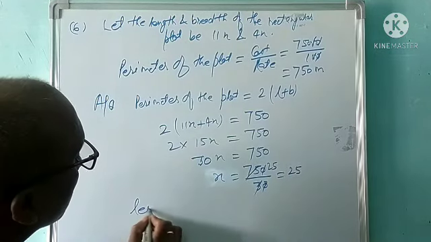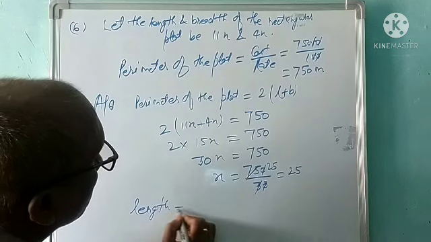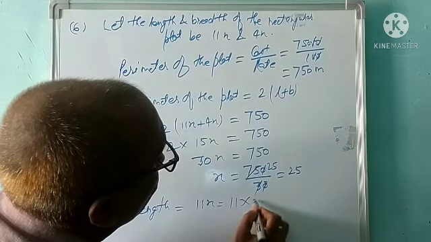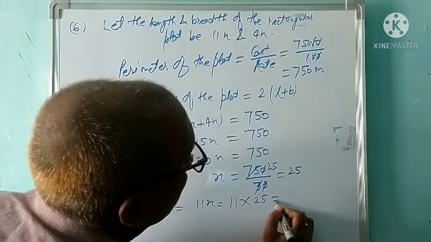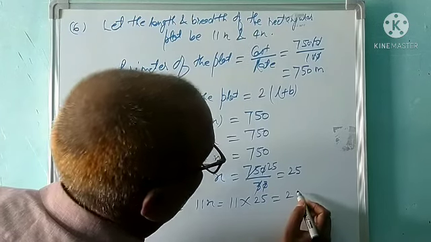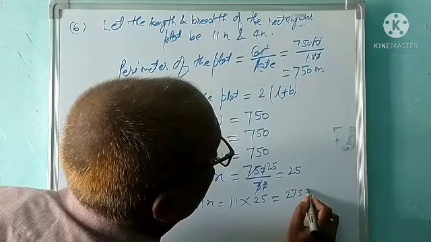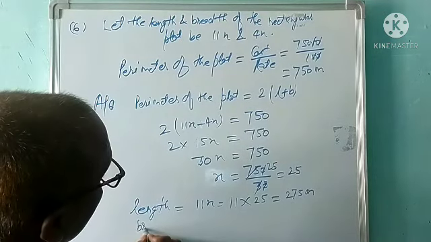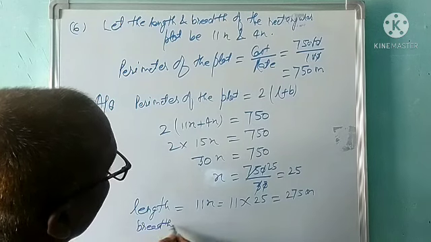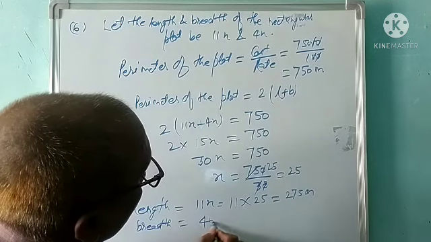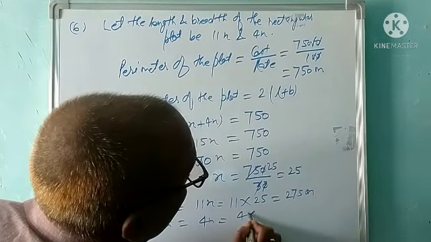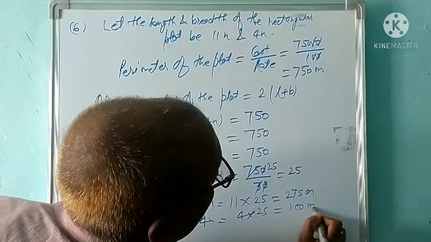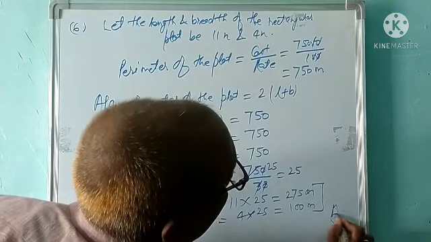Then length is equal to 11x, 11 into 25, that is 275 meter. And breadth is equal to 4x, that is 4 into 25, 100 meter. These are answers.